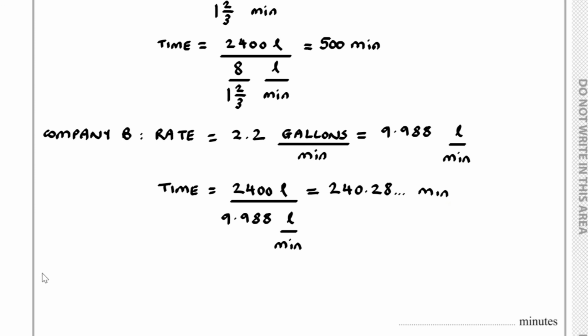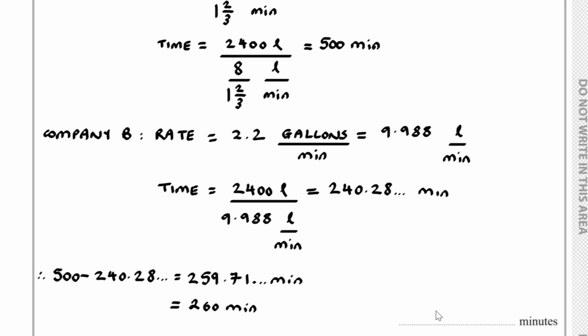And so therefore the difference between these, 500 take away 240.28, is equal to 259.71 minutes, which to the nearest minute gives us 260 minutes.